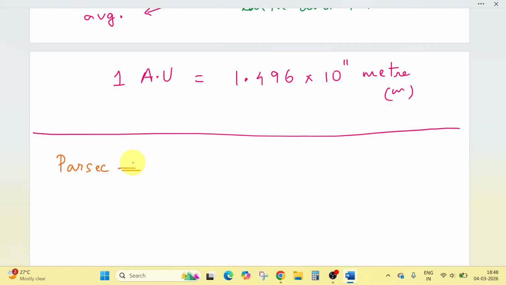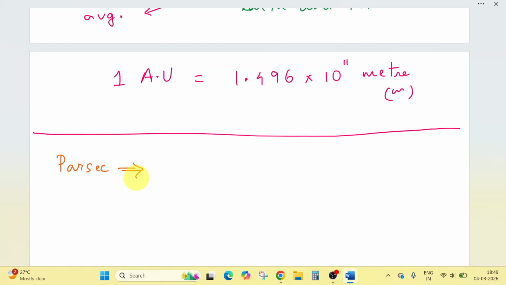Parsec is the distance from where the semi-major axis of orbit of Earth subtends an angle of 1 second. Okay, it will be a little bit complicated. I will explain. Don't worry. So everything goes above your head, right?